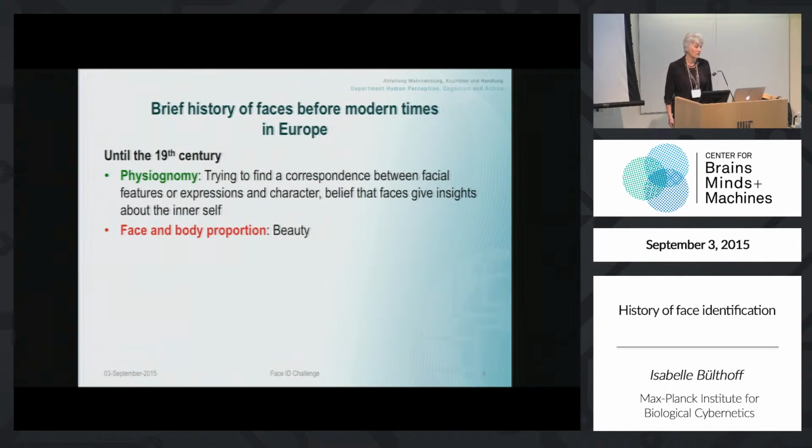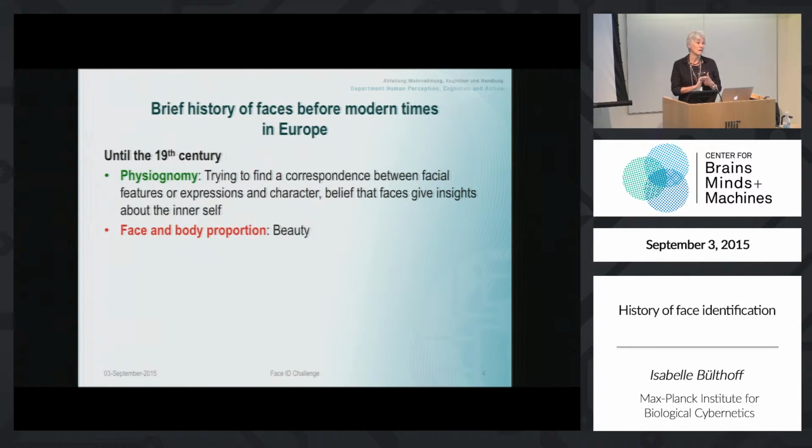In fact, we have been interested in faces for a very long time. Before modern times, in Europe, because that's what I know, until the 19th century, there were mostly two main interests about faces. It was not identification, but physiognomy, the belief that your face would tell something about your inner self.